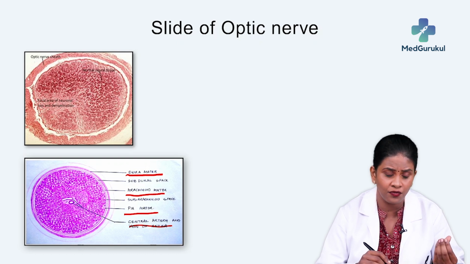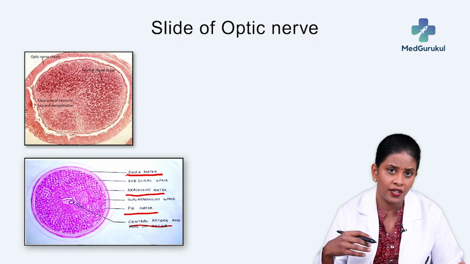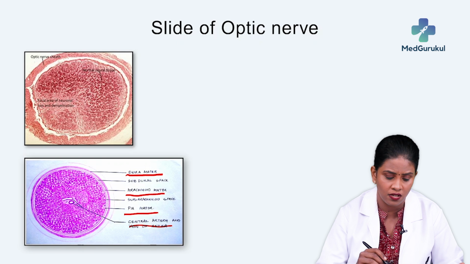The last layer of the eyeball elongates to form the optic nerve. So, it will gradually acquire the coverings of the brain, that is the meninges. Dura mater outermost, the next is arachnoid and the innermost is pia mater. This is the difference between the peripheral nerve and the optic nerve.